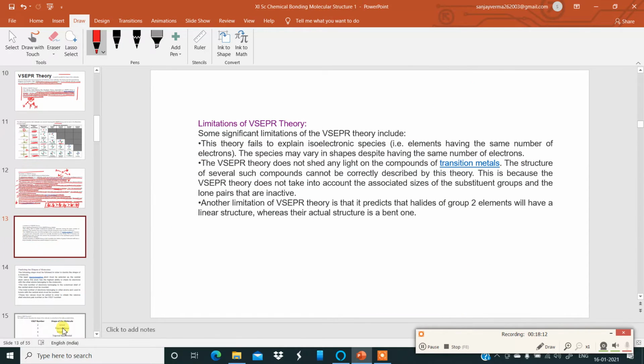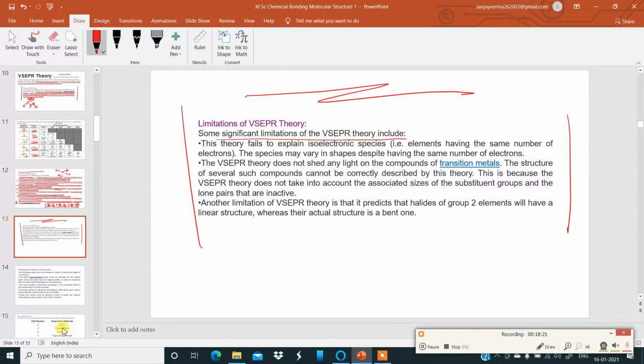Then, of course, there are some limitations to the VSEPR theory. Some significant limitations include: this theory fails to explain isoelectronic species. Isoelectronic species means species having the same number of electrons. The species may vary in shape despite having the same number of electrons.